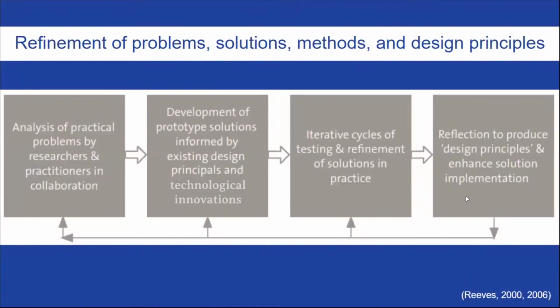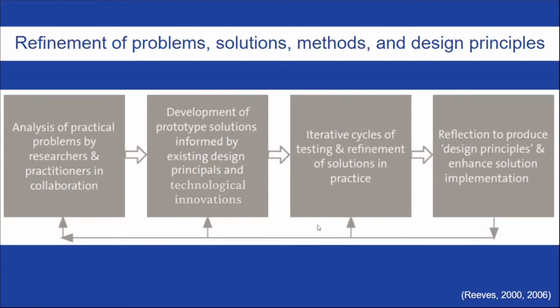Reeves presented a model that highlights four main phases of design-based research, or DBR. We have the first phase, analysis of practical problems by researchers and practitioners in collaboration. Then we have development of prototype solutions informed by existing design principles and technological innovations.